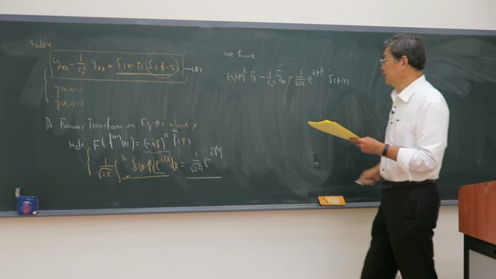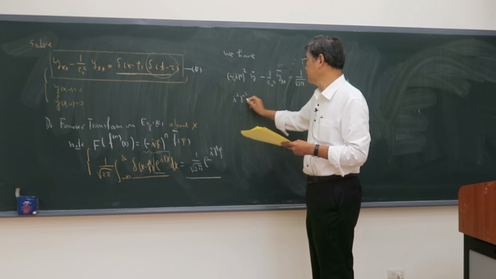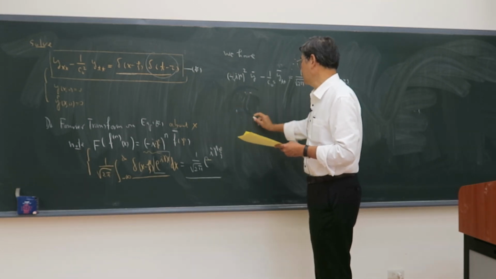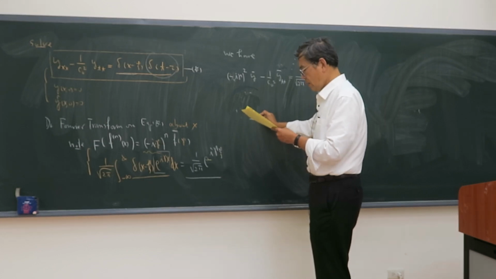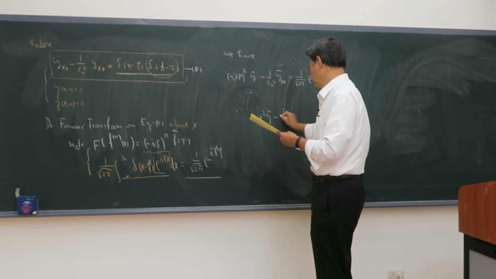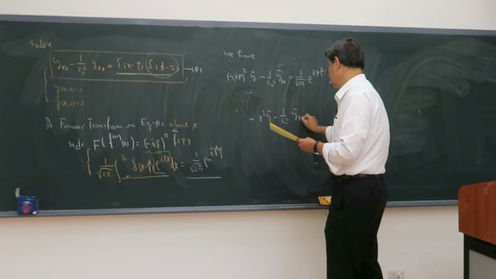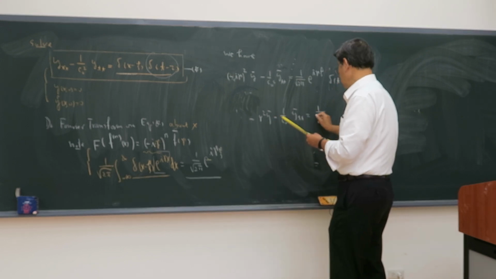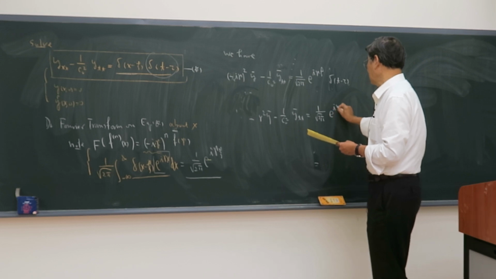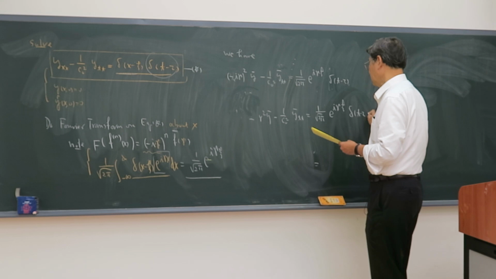So this is minus gamma squared y bar minus 1 over c0 squared y bar tt equal to 1 over square root of 2 pi e to the i gamma c delta of t minus tau.